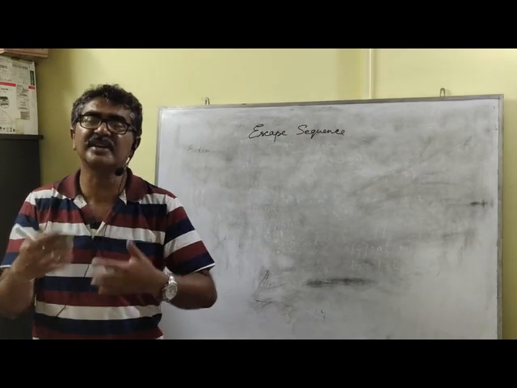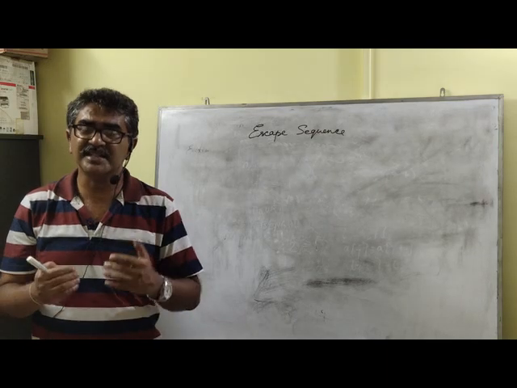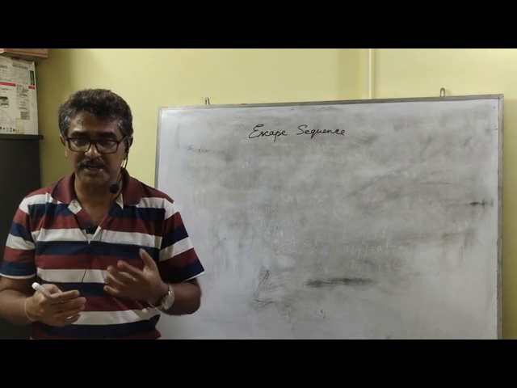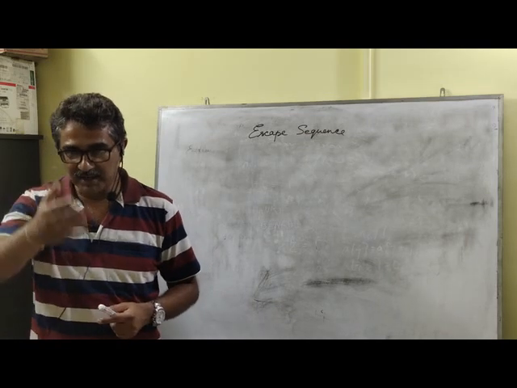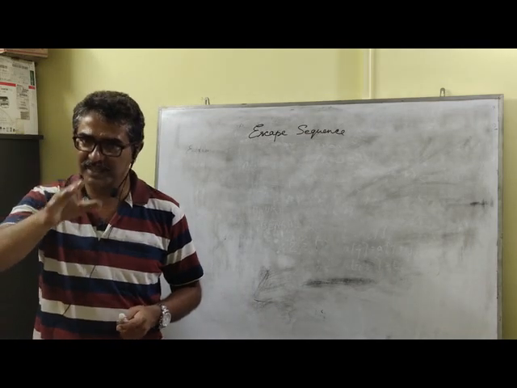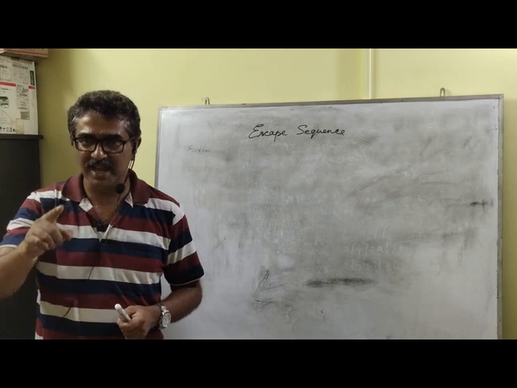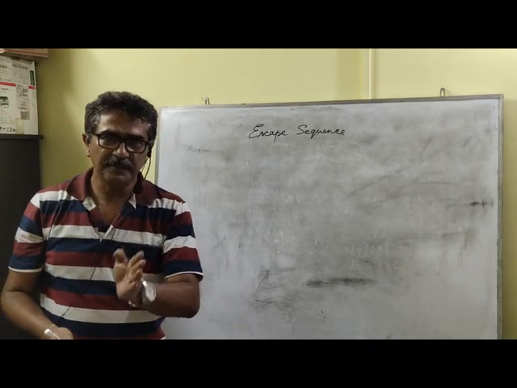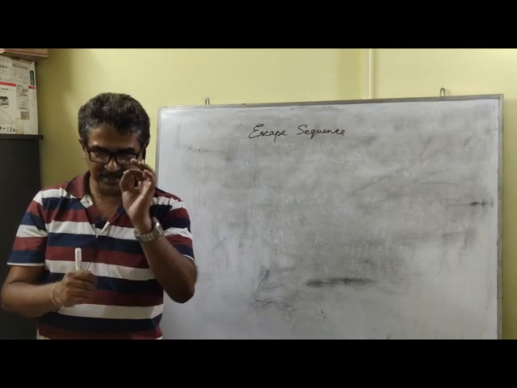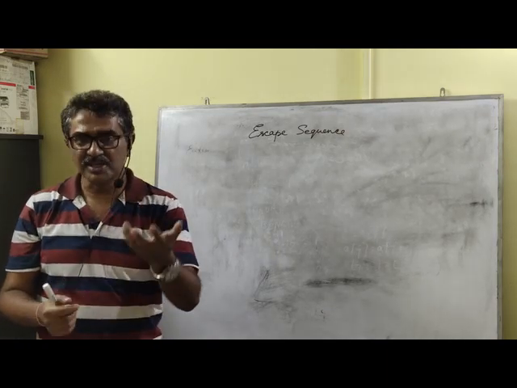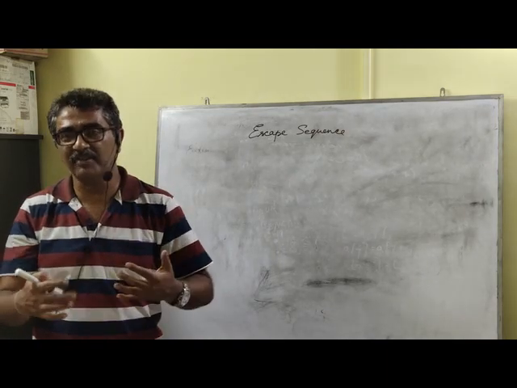They have a different interpretation. For every escape sequence, you have a different interpretation. These are characters which begin with a backslash. We have learned front slash for division; what we are learning now is backslash. This backslash is followed by some other character, and such combinations are interpreted in a different way in Python.